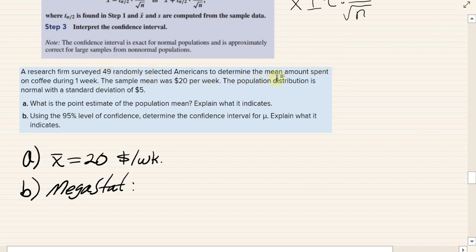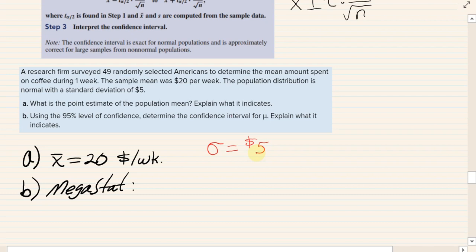To determine the mean amount spent on coffee during 1 week. The sample mean was $20 a week. The population distribution is normal with the standard deviation of $5. So here sigma is known. That means in this example, sigma is $5. It's known.